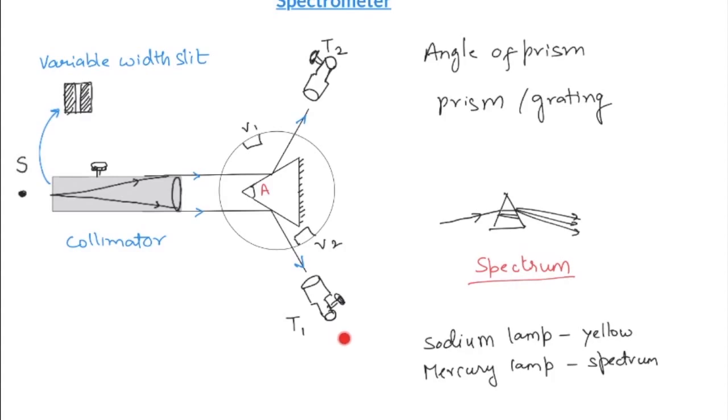So the telescope must be adjusted to the parallel incoming wavefront. The first step in doing any experiment with spectrometer is that we need to adjust the telescope for incoming parallel wavefront.